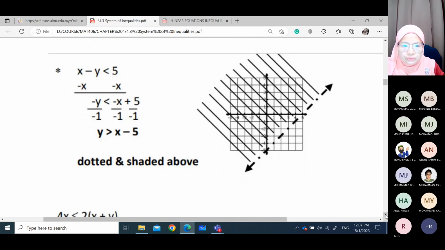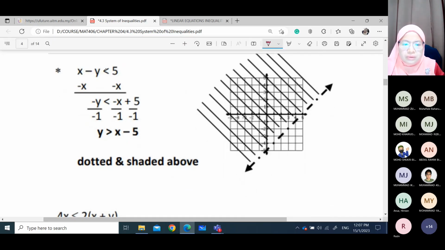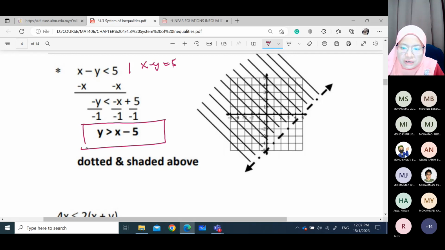Ini lagi satu contoh. We have this one: x minus y less than 5. Based on this, the equation here is x minus y equals 5. So we need to sketch this graph. This one is a dashed line because the inequality involves less than, there is no equal sign here. Kalau kita tengok dekat sini, we also can say that y is greater than x minus 5.